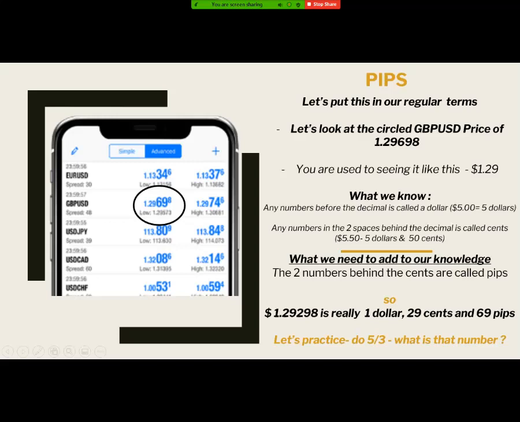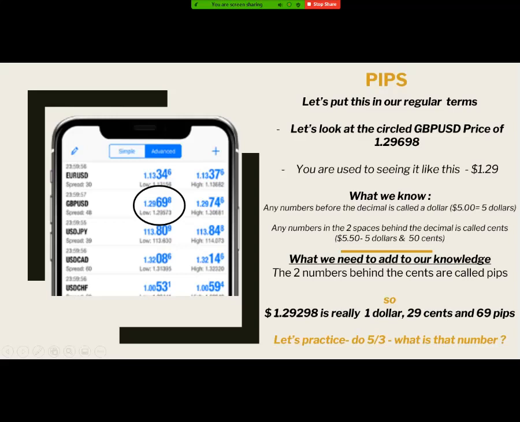So what if I told you that the number before the decimal was called the dollar, and the 2 spaces after the decimal, money-wise, would be your cents? But looking at these pips, the 2 numbers behind the cents, you just want to call them your pips.